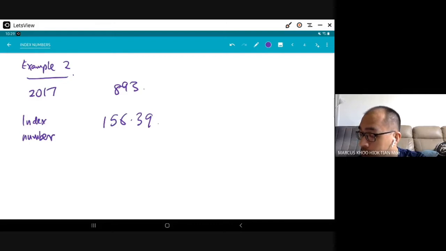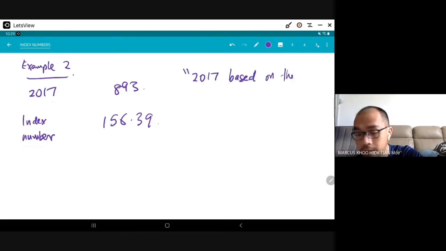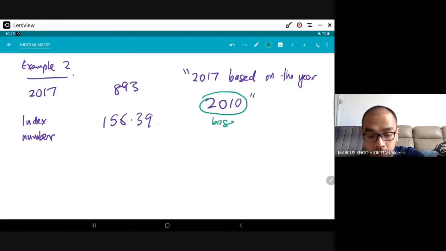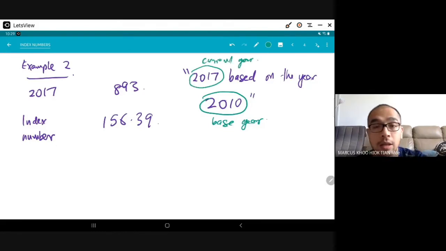Take a look at the sentence: 2017 based on the year 2010. This means that the base year is 2010, and 2017 is the current year. So the question is, find the number of sports governing bodies registered in the year 2010.